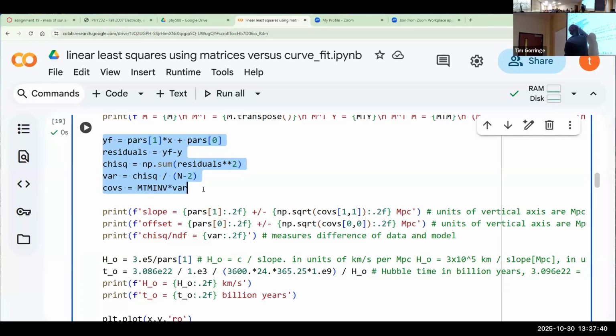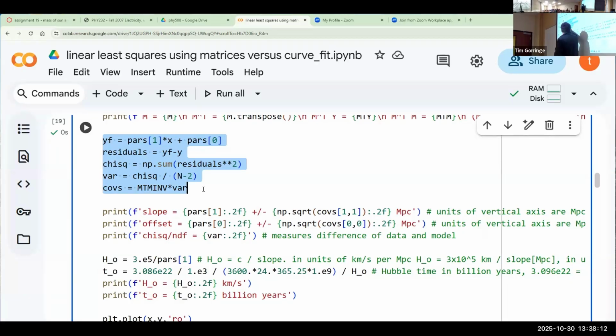If I take the difference between YF, the Y calculated with the best fit function, and the data itself, the array Y, these are the residuals. This is the difference between the model and the data itself. I can calculate the chi-squared of the residuals by just squaring up the residuals and summing all those terms. So here's the chi-squared.